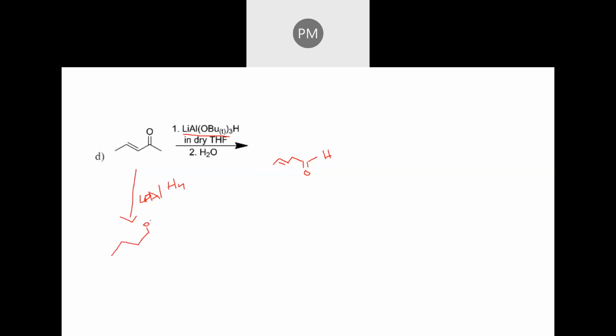It will be OH, like this. So this center and this center, both centers are reduced here. But when we are given the substituted hydride, the strength of this hydride source is not enough to reduce all the centers, so it only reduces carbonyl to aldehyde.